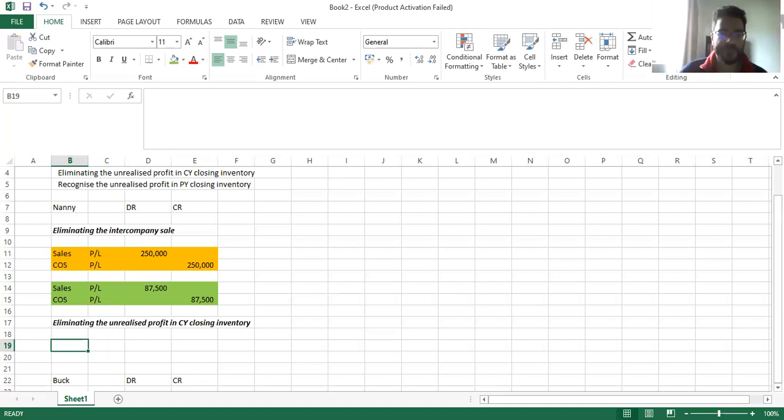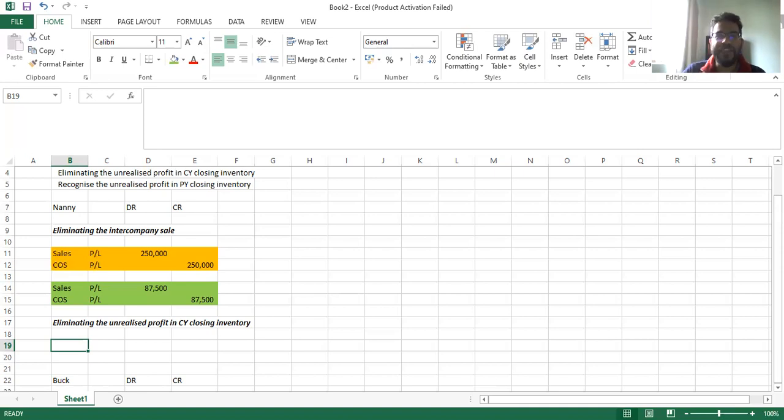So what would happen? We need to process a journal entry. Once again, I'm going to deal with this from a subsidiary point of view first. So Nanny's inventory is overstated. Nanny's inventory is too high. Why? Because included in the inventory is that 15%. The group doesn't want that 15%. So therefore, what we're going to have to do with inventory is decrease inventory.